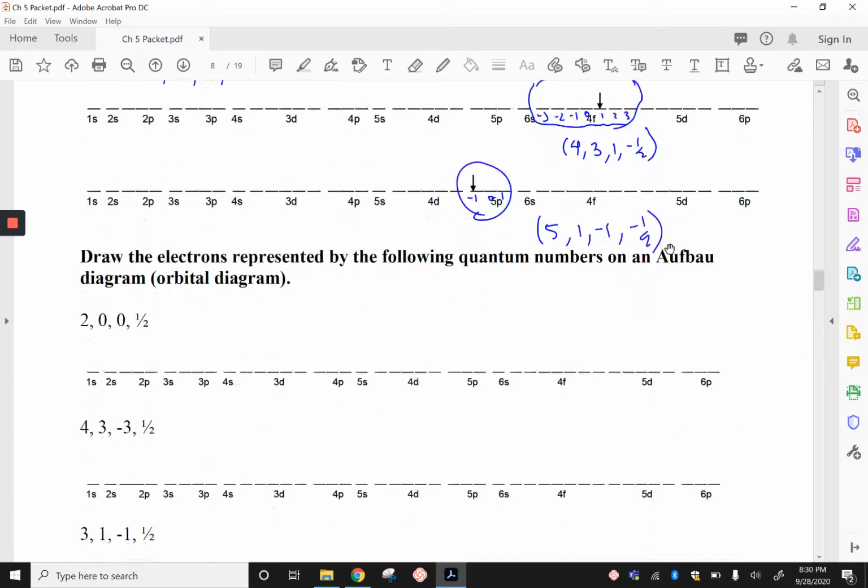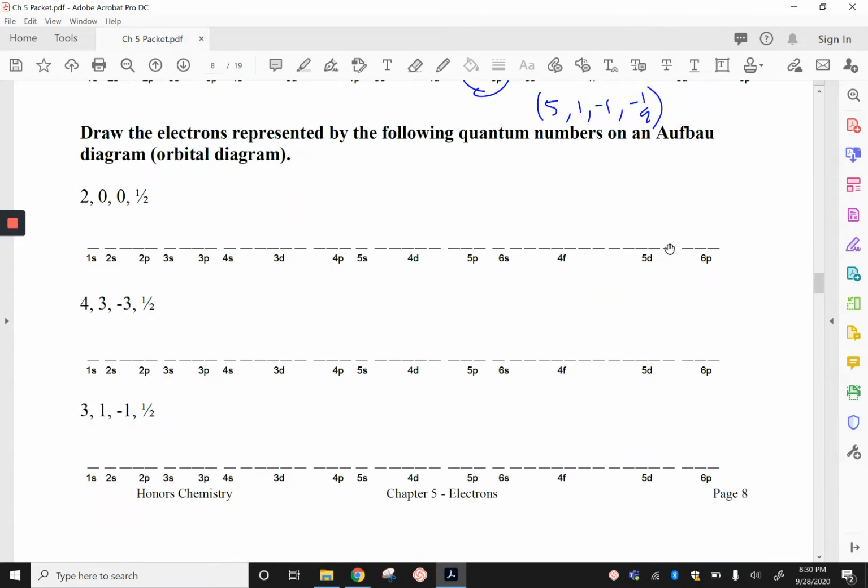Let's do the opposite. Now I'm going to give you quantum numbers, and I want you to draw where that electron is. The first quantum number is a 2. That tells us it's in the 2nd energy level, so it could be in the 2s or in the 2p, anywhere here. Let's look at the next one.